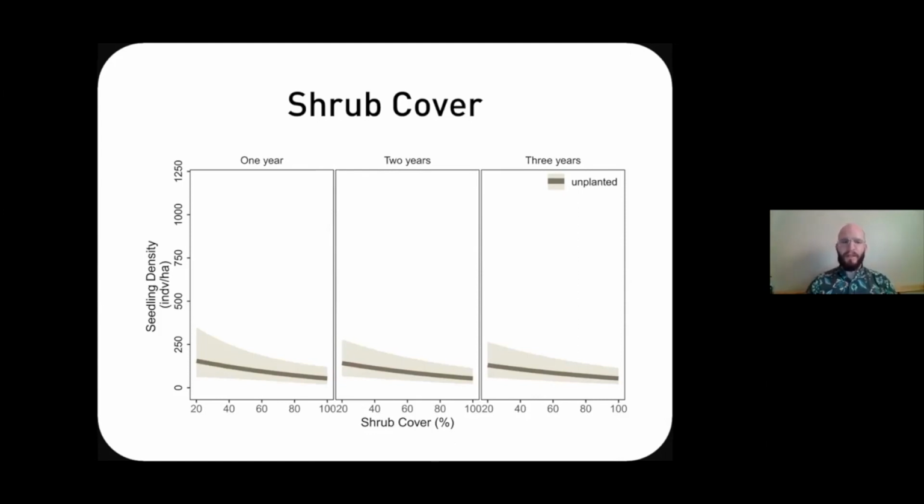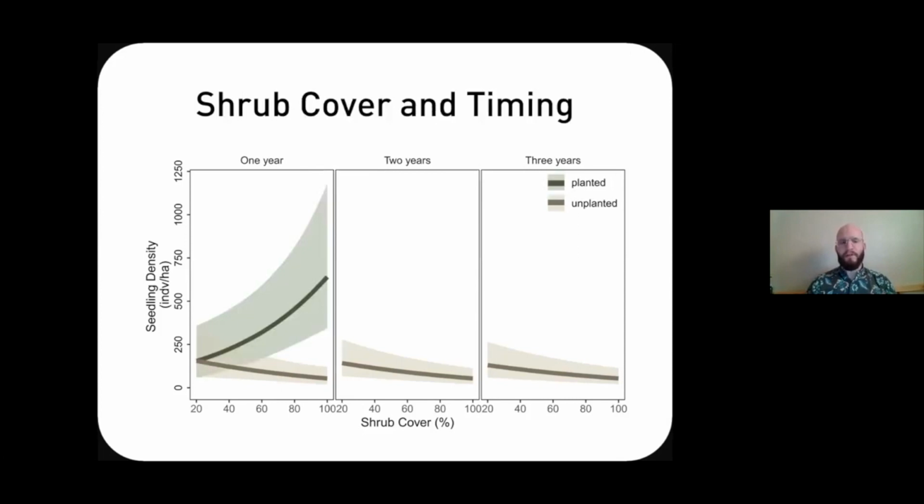But if you look at the places that were planted in the first year after fire, you see a huge increase in seedling density in the places with the highest shrub productivity. Planted 2 years after, that trend is dampened, but you still see an increase in seedling density in high shrub productivity areas where natural regeneration is still low.